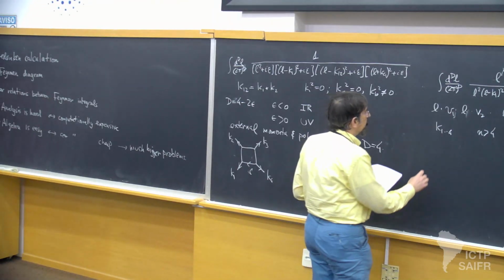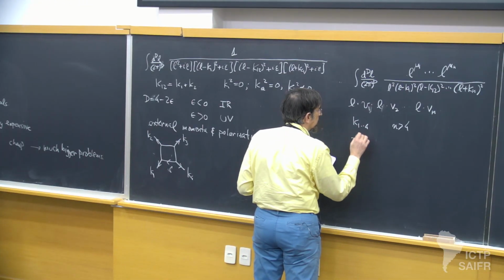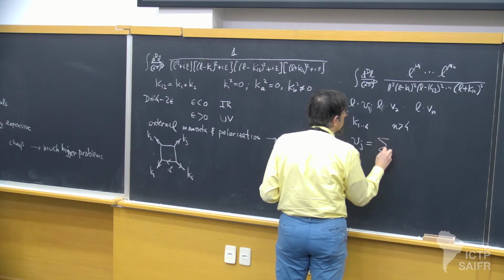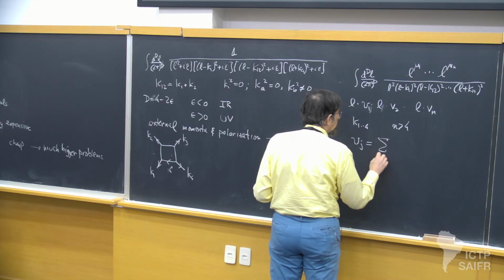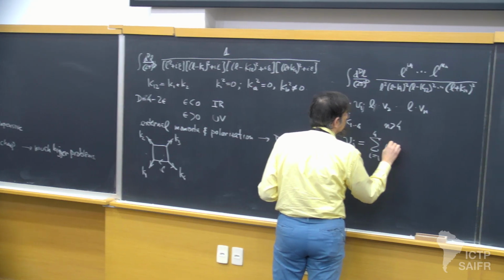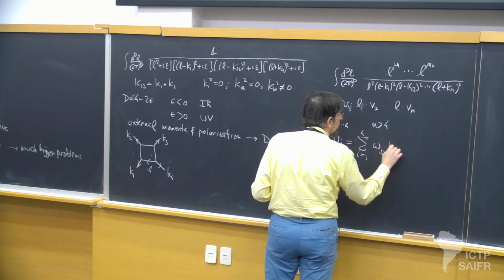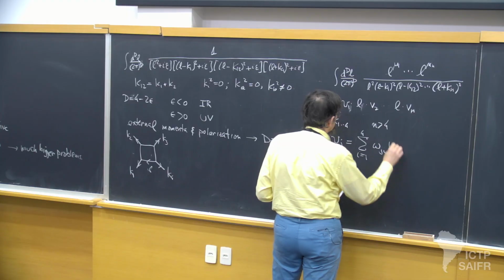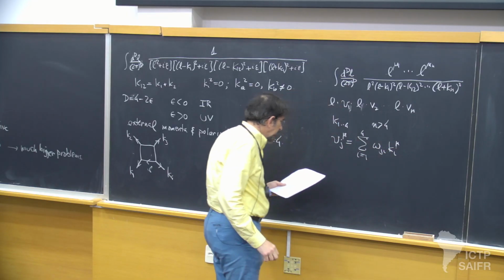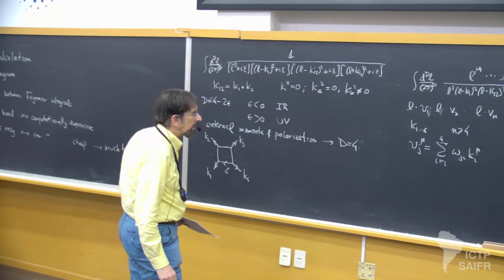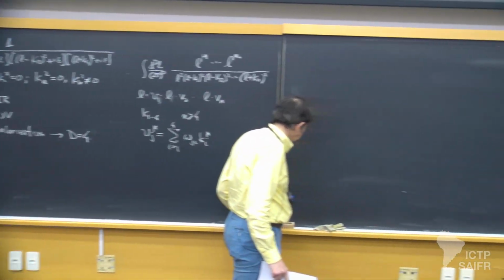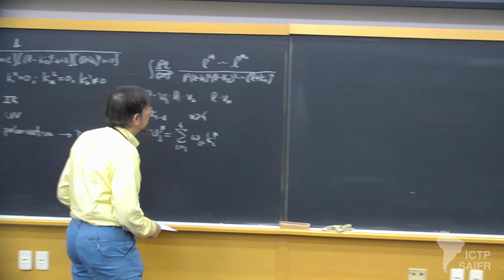And we can now expand any external vector in terms of some set of coefficients, which I'll call omega here. So these are still vectors. And there's a very easy way to compute these coefficients, which some of you probably already know.